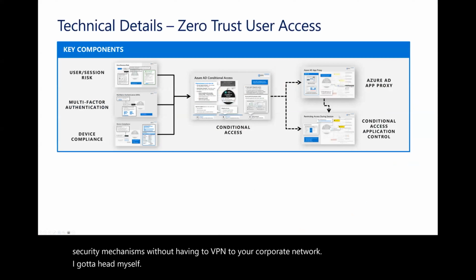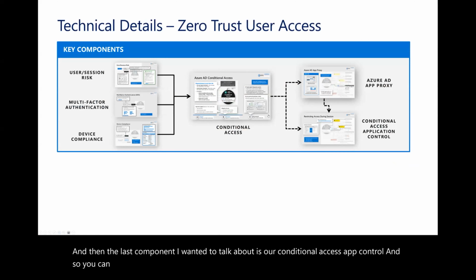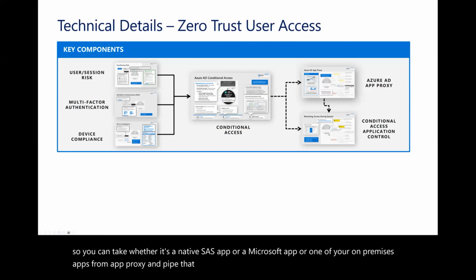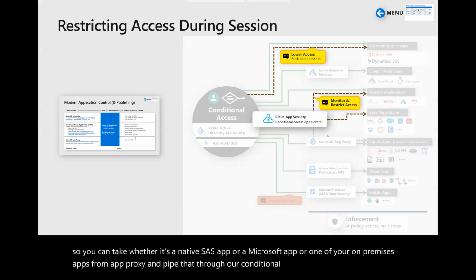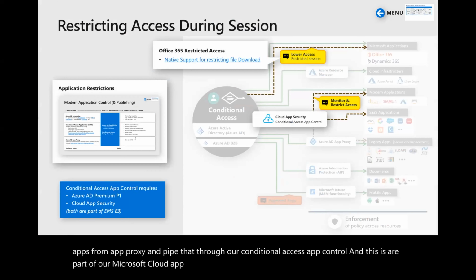And then the last component I wanted to talk about is our conditional access app control. And so you can take, whether it's a native SaaS app or a Microsoft app, or one of your on-premises apps from App Proxy, and pipe that through our conditional access app control. And this is part of our Microsoft Cloud App Security on how you proxy access to applications.